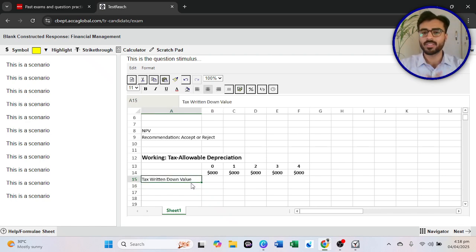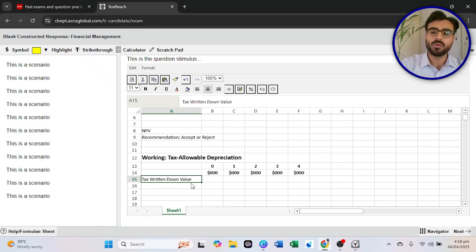Now, what is the tax written down value? Very easy concept. This is the tax equivalent of accounting's net book value. You must remember the concept of net book value in accounting. It was the value of the asset that is shown in our books of accounts. So tax written down value is the same concept as the net book value.